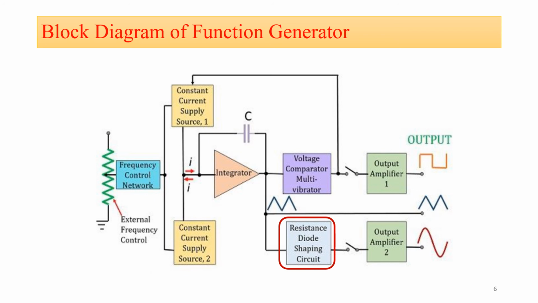And the two outputs amplifier provides two simultaneous and individually selected outputs of any of the waveform functions. Now this is all about the block diagram of the function generator. This is how to generate the triangular wave, the square wave and the sinusoidal signal by using the upper current source and the lower current source.